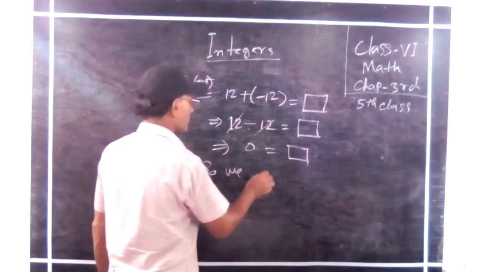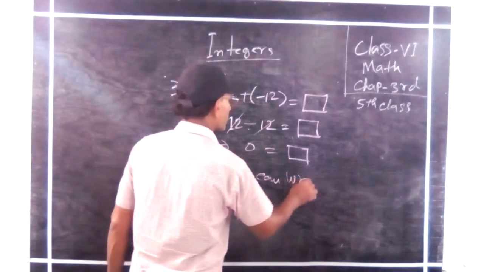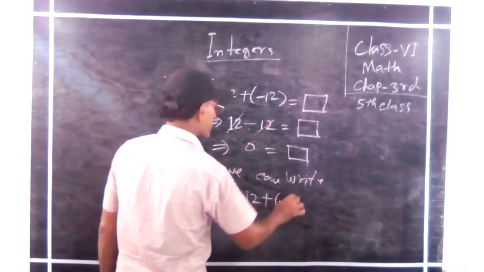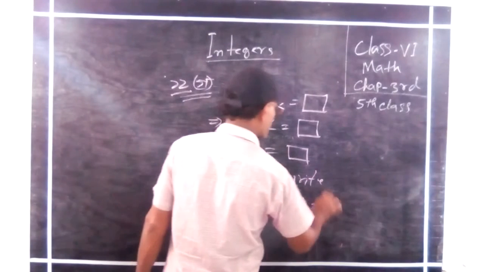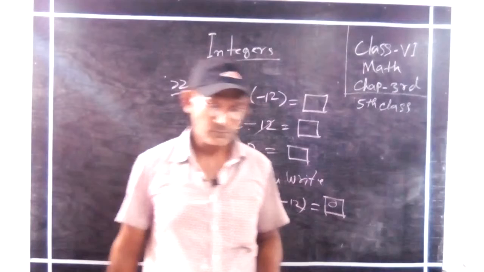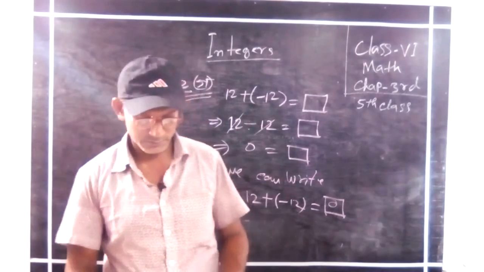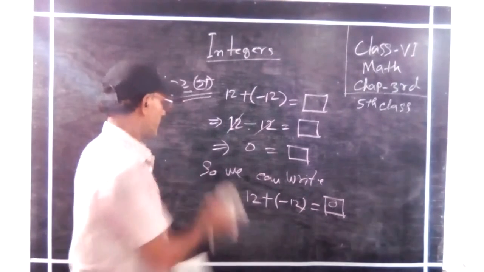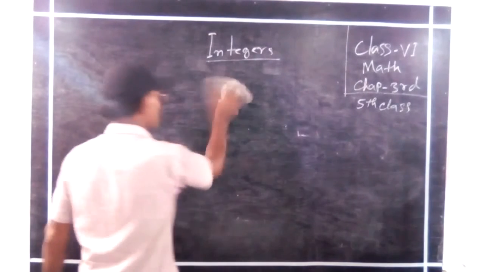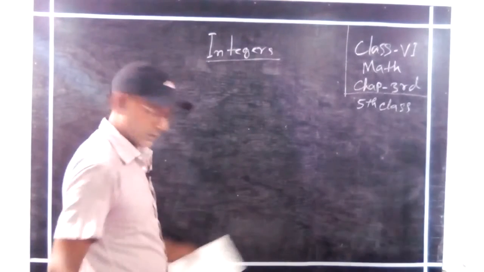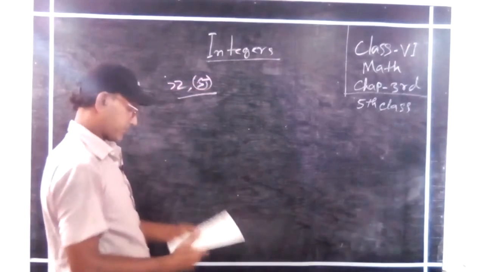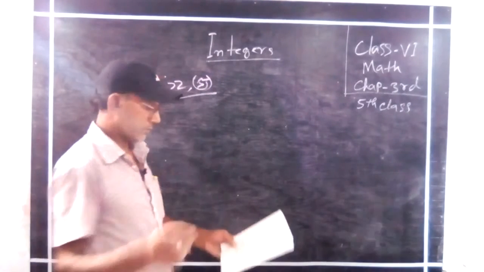So we can write 12 plus minus 12 equals empty cell equal 0. Next, minus 4.